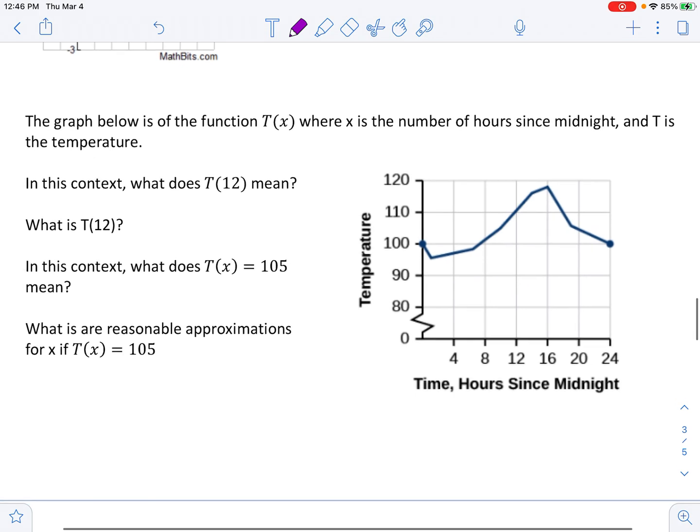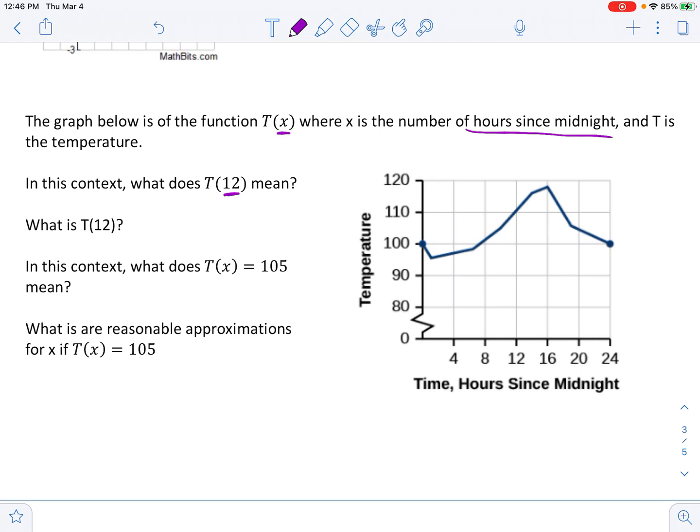Let's take a look at, this time, a continuous graph. The graph below is of the function t of x, where x is the number of hours since midnight, and t is the temperature. In this context, what does t of 12 mean? All right, well, tell me what the 12 means. That's where the x goes, right?